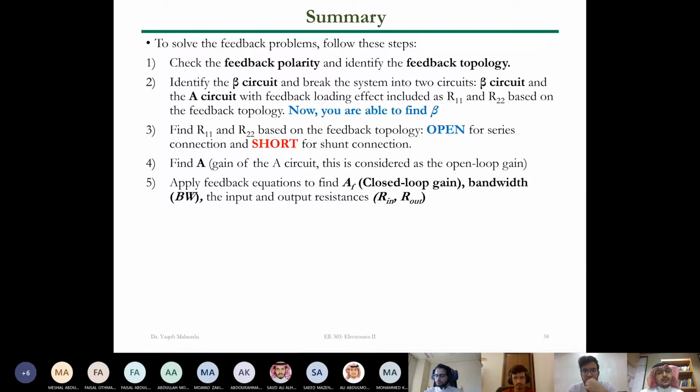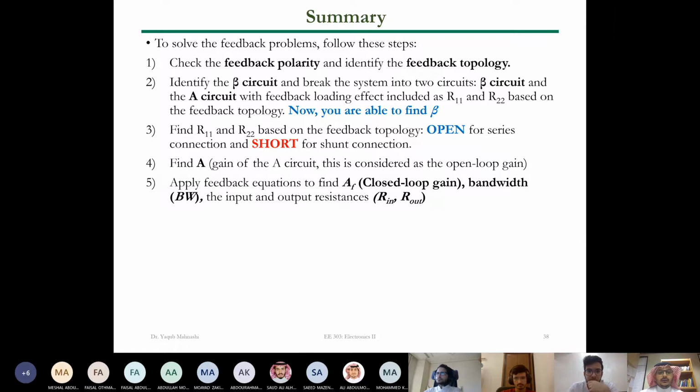The second step is that you need to break the system into 2 circuits, the beta circuit and the A circuit. If you are able to do so, you can find the beta, you can find R11 and R22, which are the loading effects or the impedances coming from the beta or the feedback network.